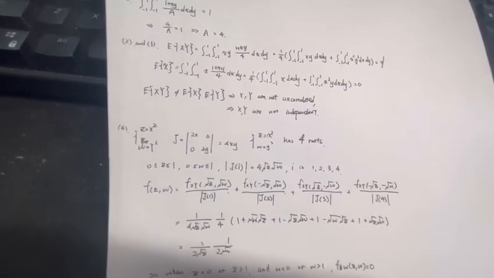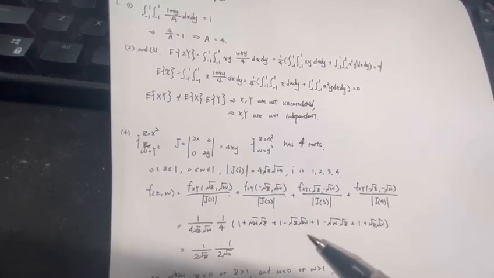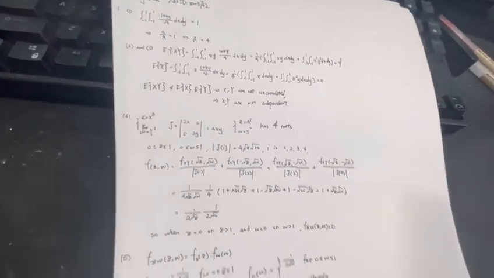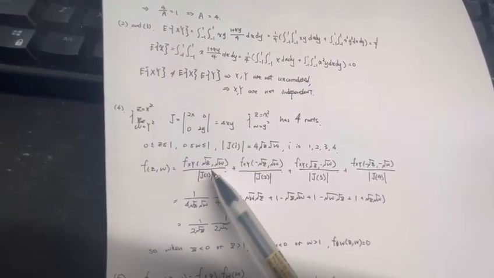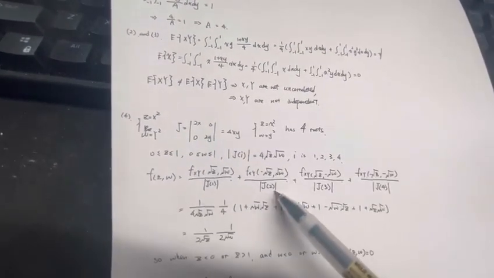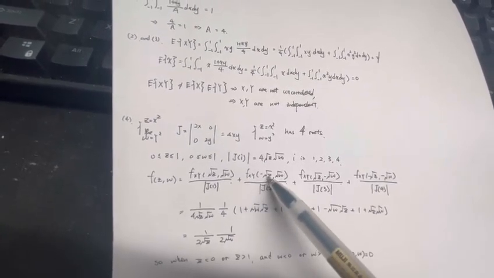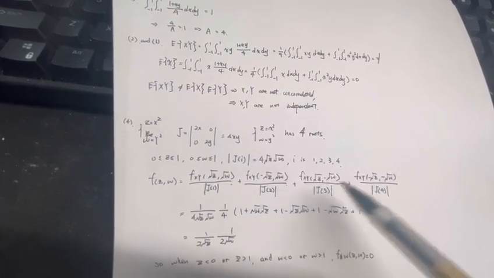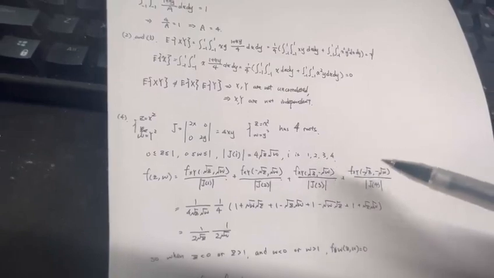To find f_ZW, I set 4 Js, since there are 4 roots. So f_ZW equals f_XY of square root of Z and square root of W divided by J1, J2, J3 and J4, with signs, some negative, which we can get from the matrix.